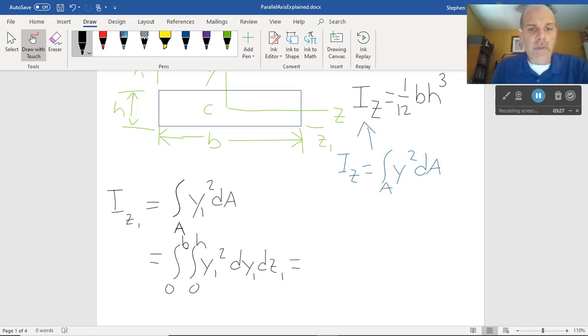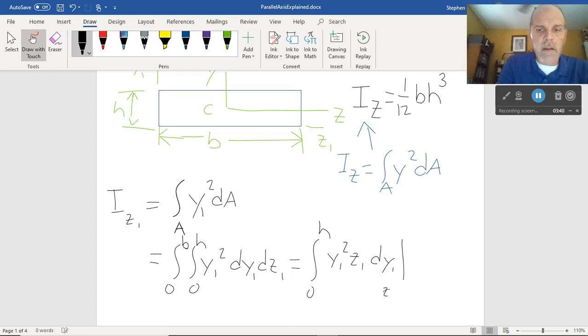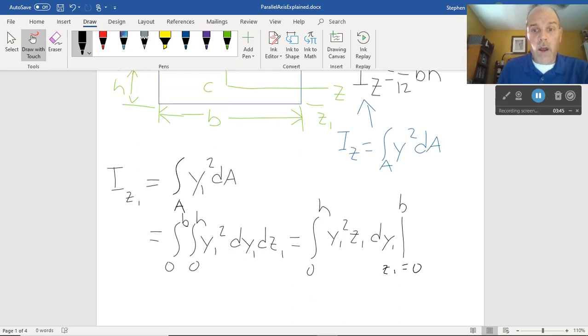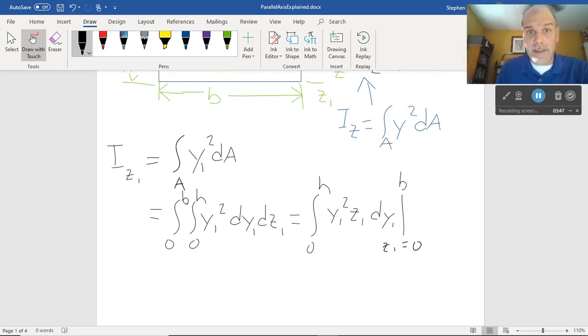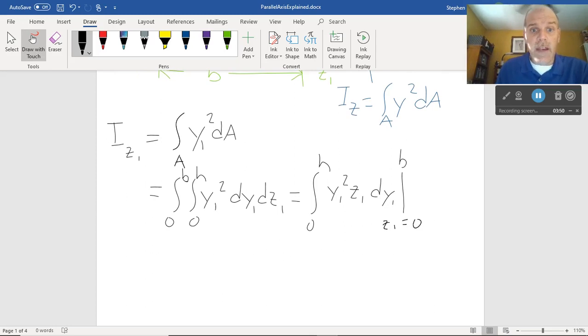And if you know the rules of integration, you know I can write this again as the integral 0 to h of y1 squared z1 dy1 evaluated for z1 equal to 0 to b. And we ignore the y1. We don't think of it as a variable. It's not in this case because we're changing around the z's.